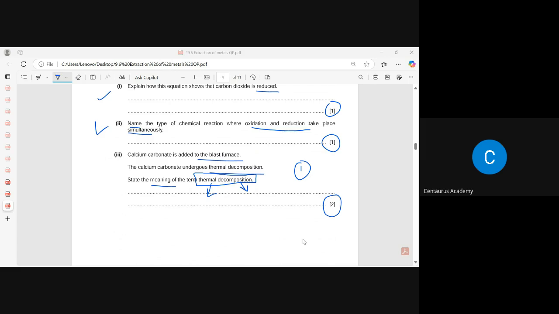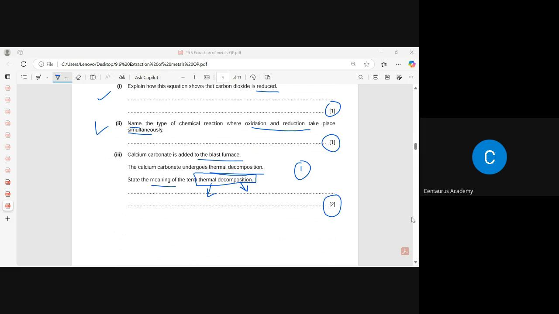Thermal decomposition is a chemical reaction whereby a compound breaks down when heated. The breakdown of a substance into simpler substances by heat, under higher temperature, using heat to split or decompose the reactant into 2 or more products.